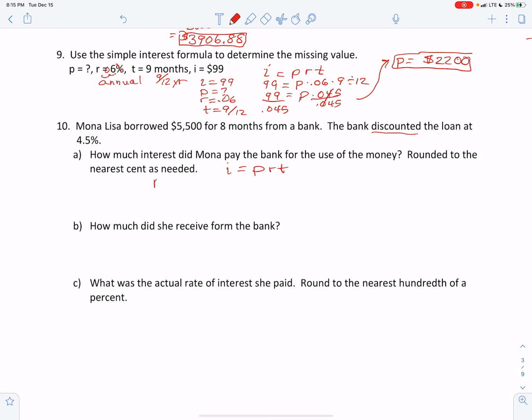So the P was the 5,500. The R, drop the percent sign, move the decimal 2 places to the left, 0.045. Now it's annual because we're not told otherwise. So we're going to need our time in years. It's in months, so to go from months to years, you'll take the number of months divided by 12.